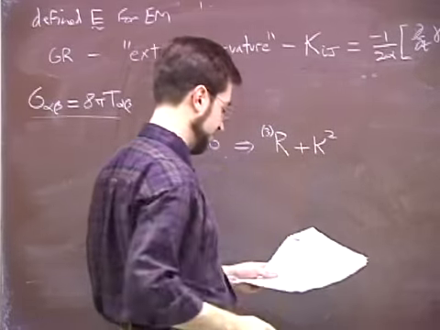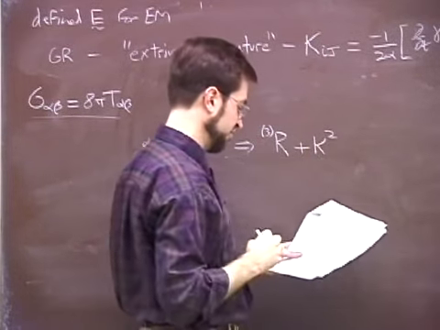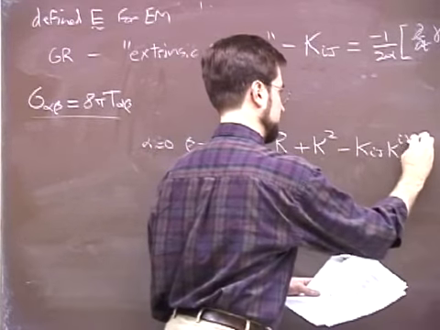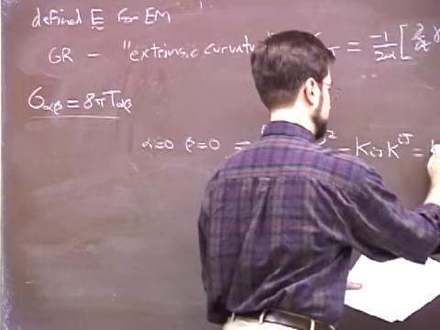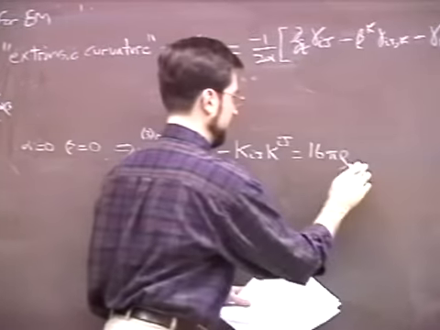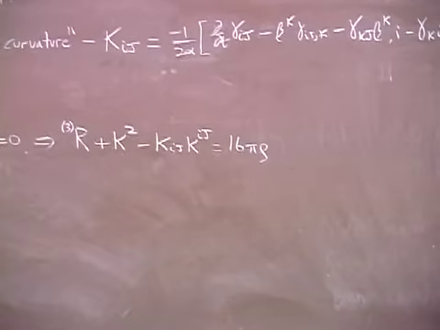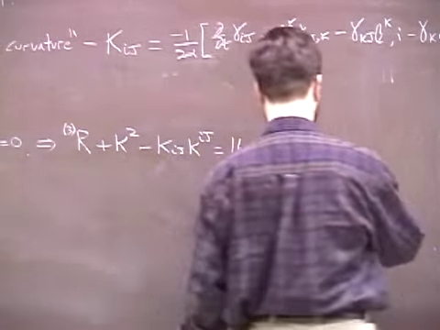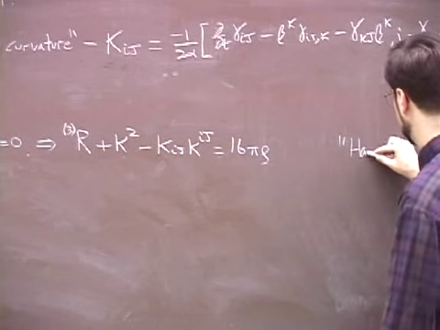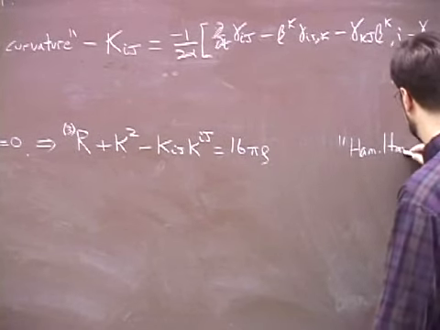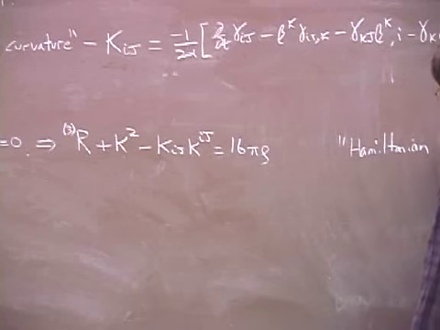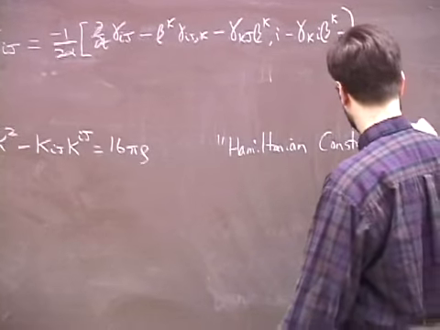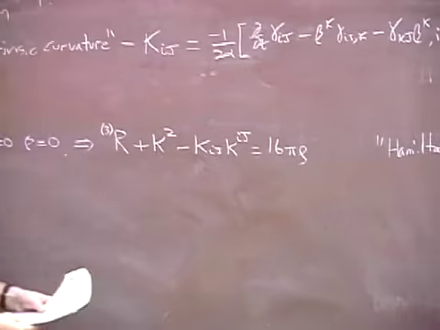I get things that have this extrinsic curvature squared in it, 2 terms like that. And I get a matter piece. So this is a lot like the divergence of E equation. All these equations have names. So if you read a paper and you see somebody say Hamiltonian constraint, that's this equation.